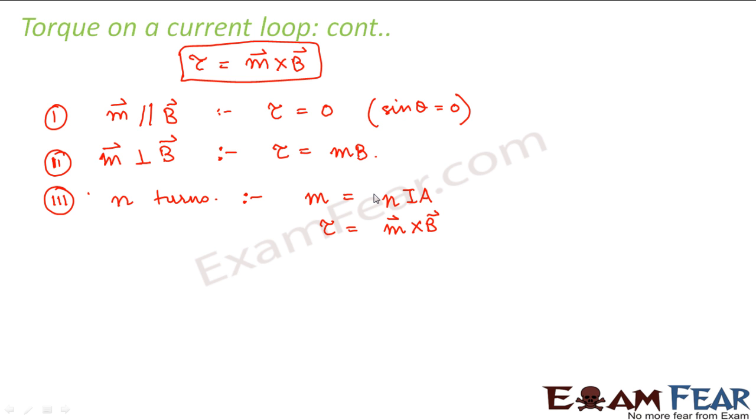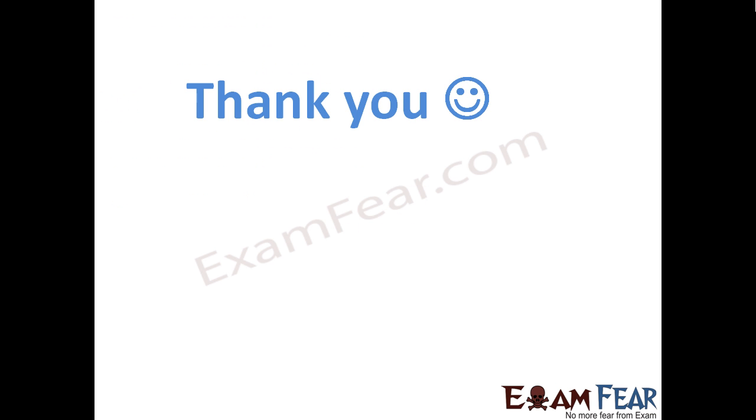So this is how we saw that whenever a current carrying loop is placed in a uniform magnetic field, it experiences a torque, and that torque is given by the cross product of the magnetic moment of current and the external magnetic field. Thank you.